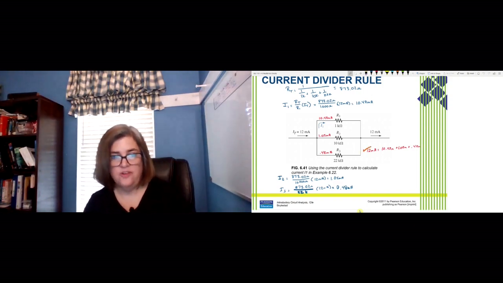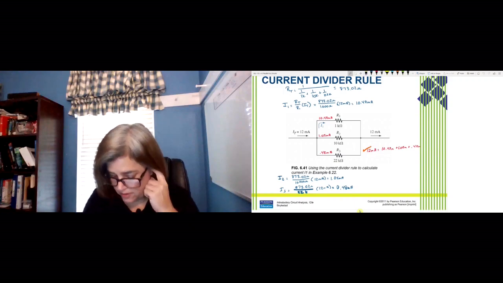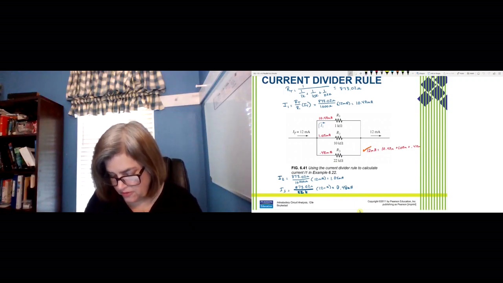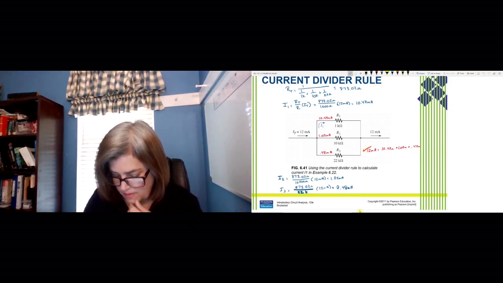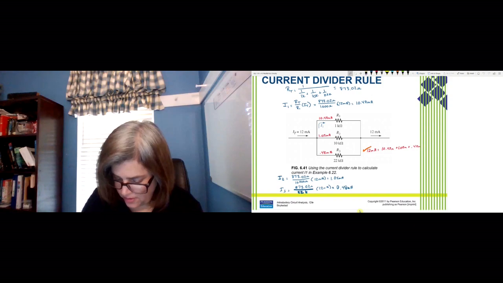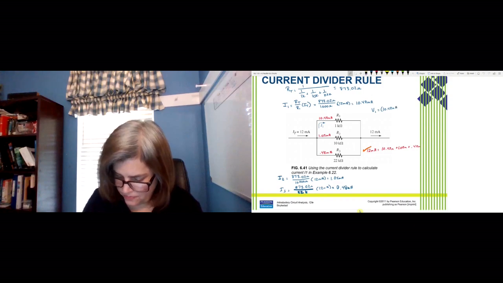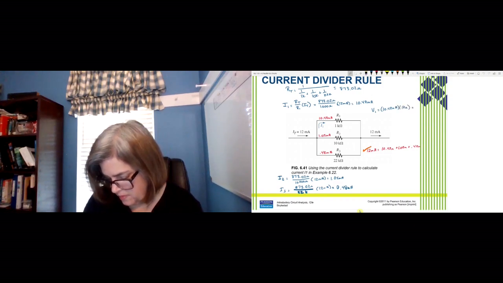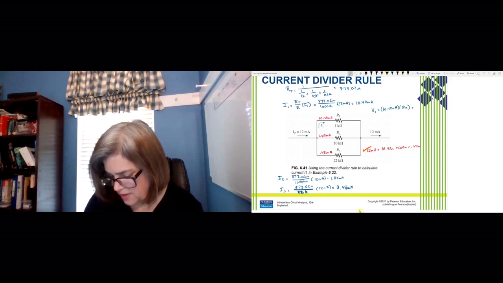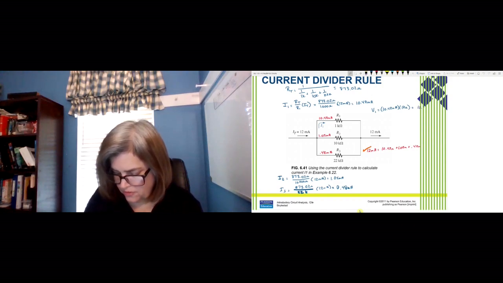What is another way we could check? Well, we could find the voltage drops across each of our resistors, because what would V1 be? That would be 10.48 milliamps times 1K ohm of resistance, or 10.48 volts, right? What would V2 be?